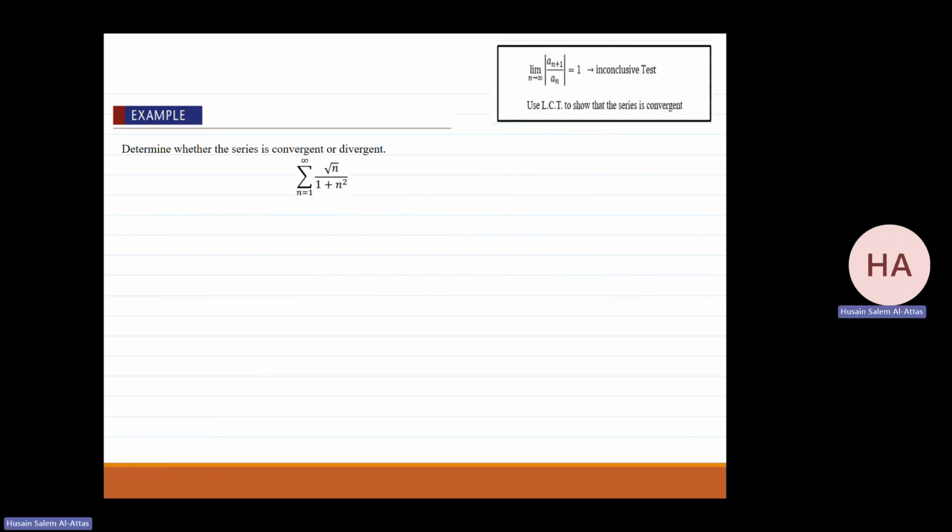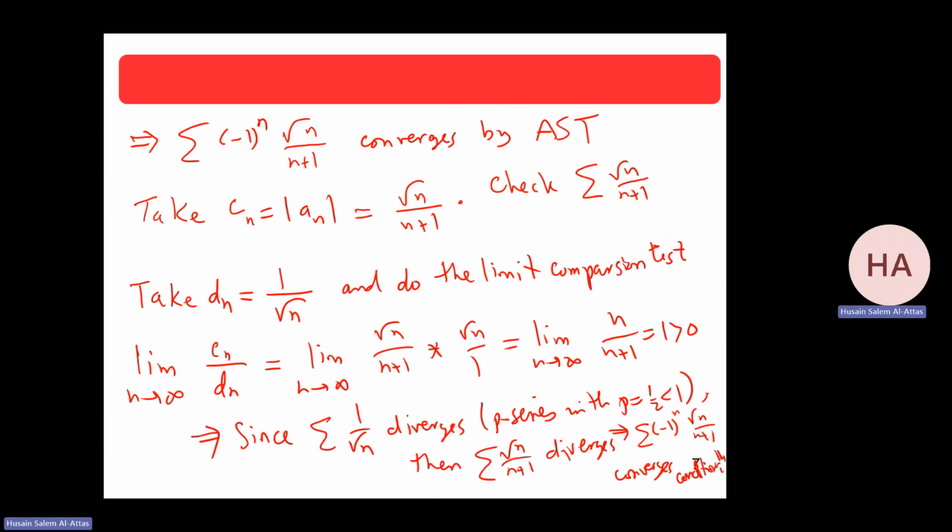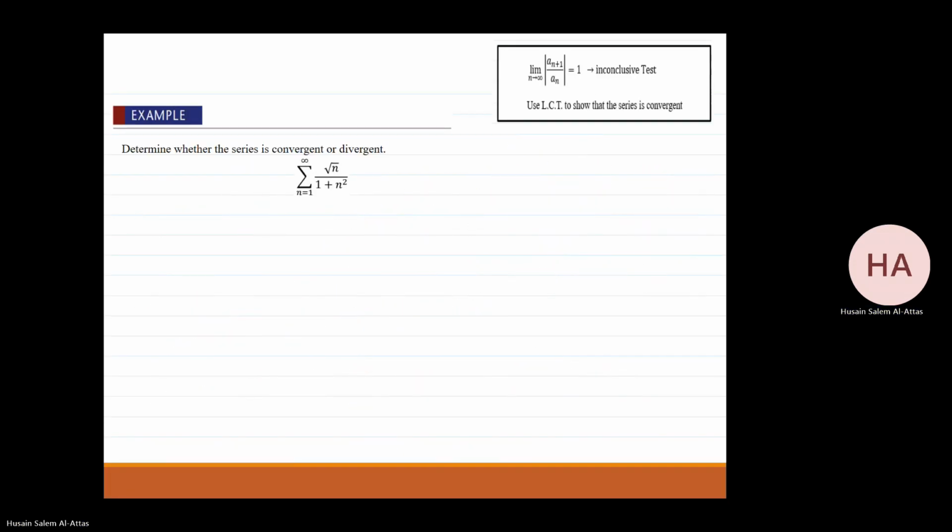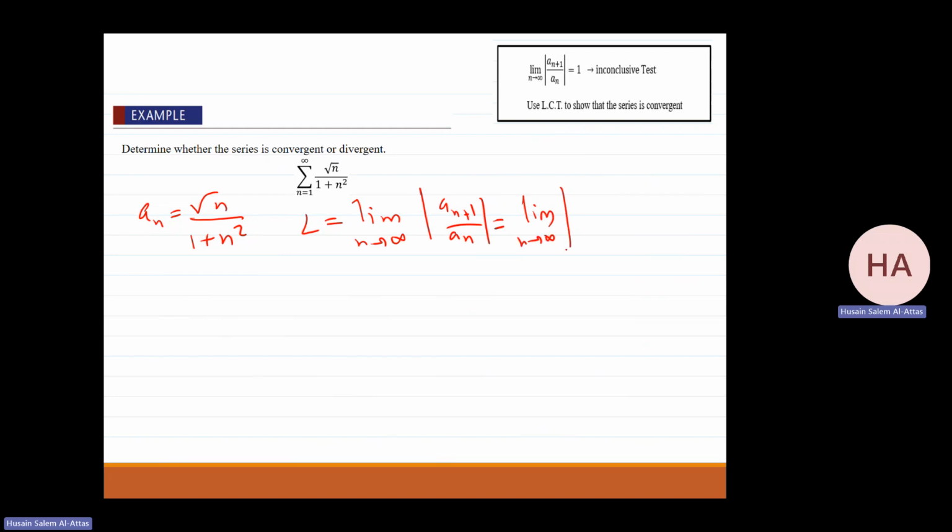I think that's very clear. This one, we'll find L. I think it's similar to this one, somehow. Square root of n over 1 plus n squared. So An, what is the L? The limit as n goes to infinity of An plus 1 over An.